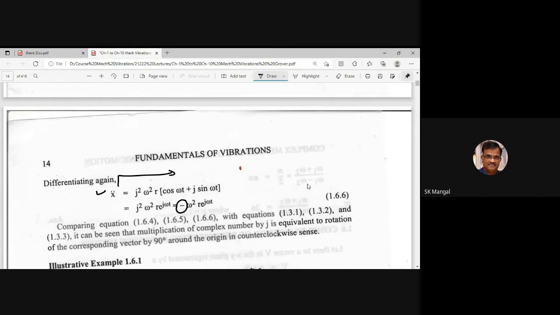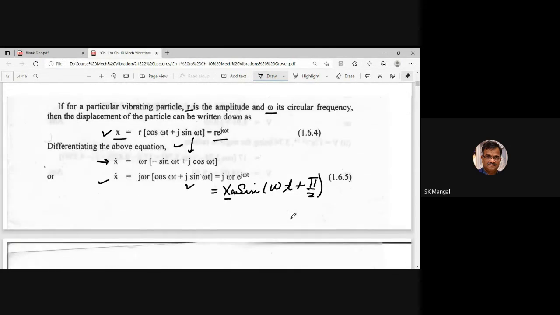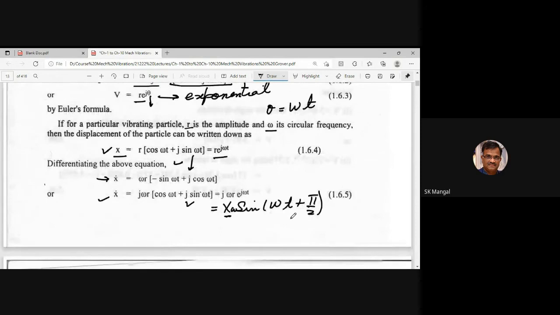It is basically the acceleration, and it is given by x omega square sin of omega t plus pi. So this is the complex method representation for a vector.